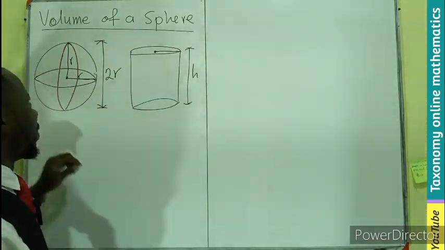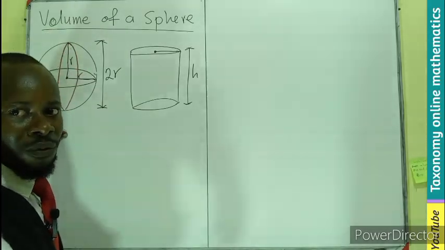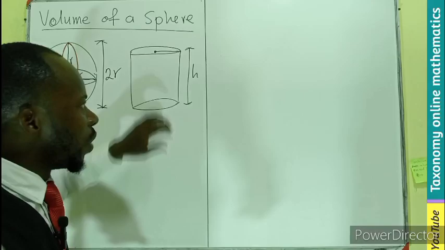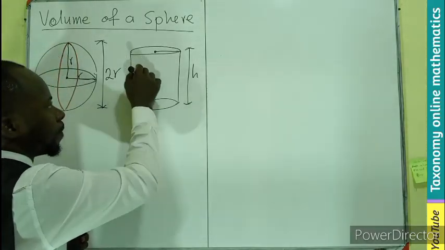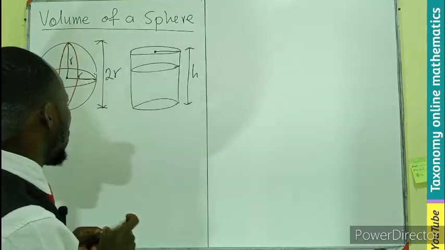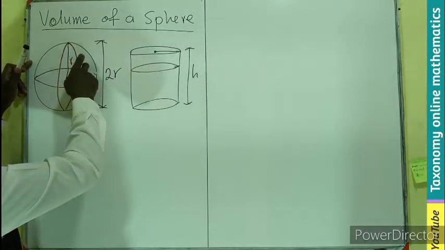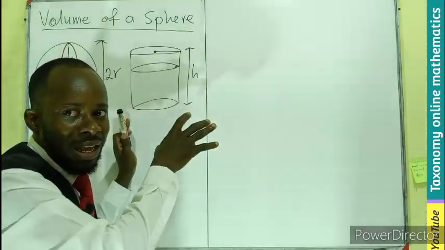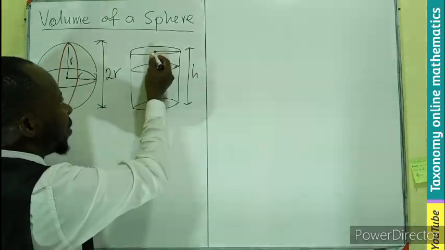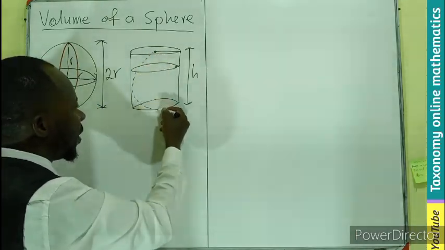Now, when we fill this sphere with water and transfer the water into this cylinder, it will not be complete. When you fit this tennis ball into the cylinder, you can observe that there will be empty spaces.